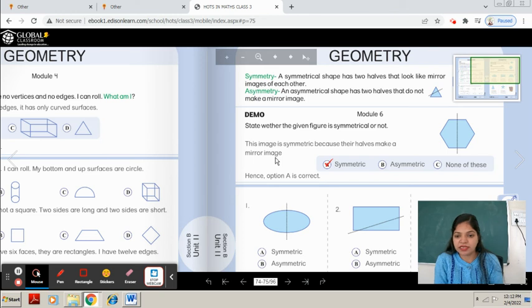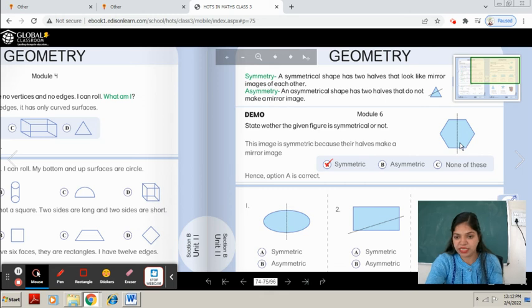Now, you can see on page number 75, module 6. State whether the given figures are symmetrical or not. Now, you can see the image, you can see the shape. Yes, this shape is symmetric because the halves make a mirror image.